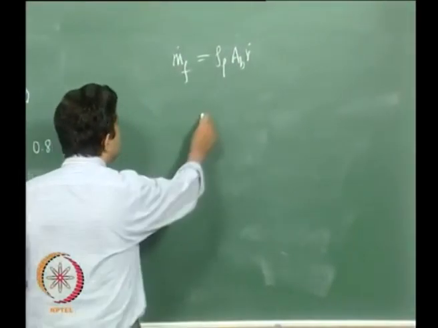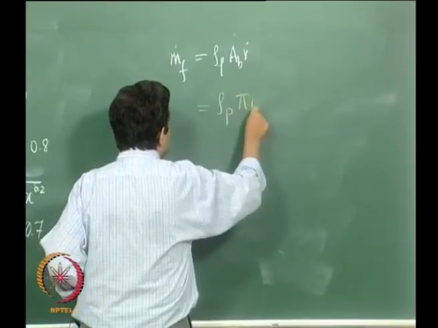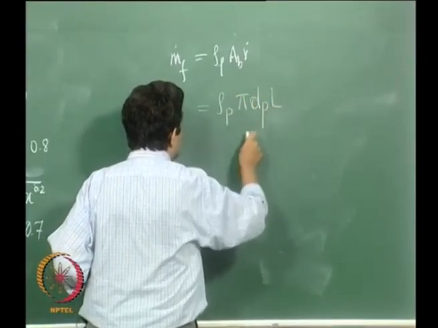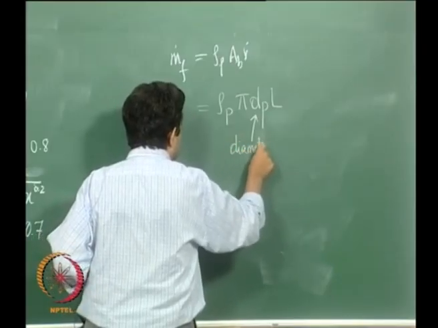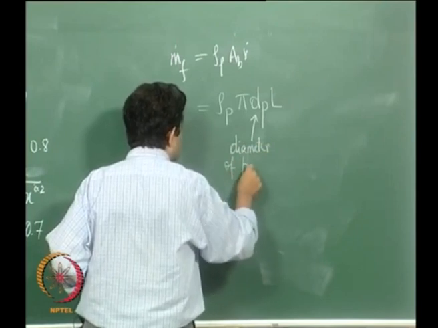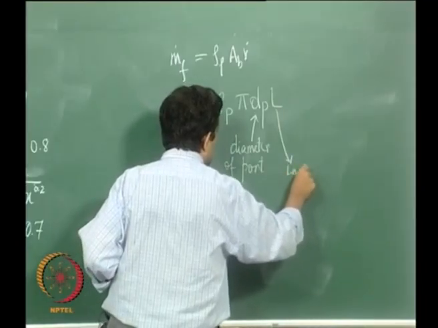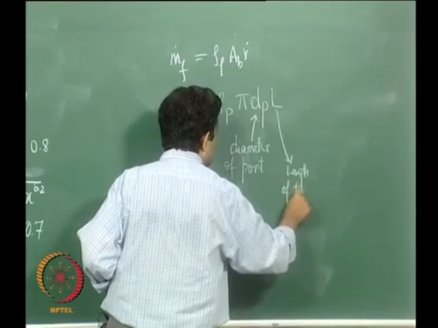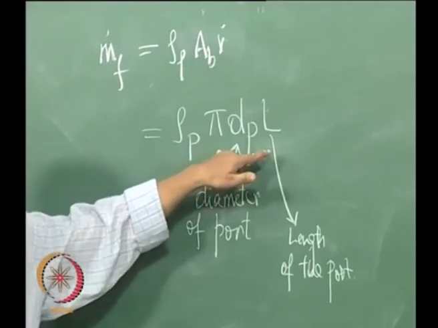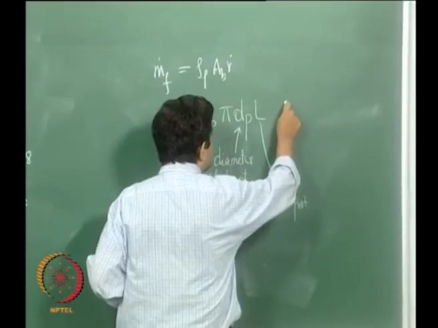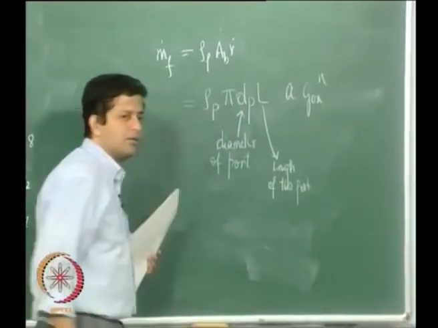So if you are taking a port configuration, rho p into pi times d, the diameter of the port, into L, the length of the port, this is the burning surface area, into R dot, which is nothing but a into GOX to the power of n.